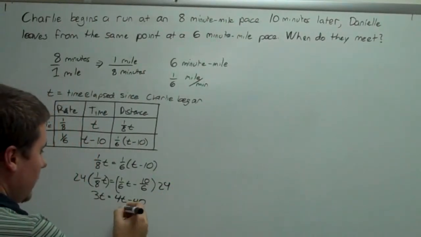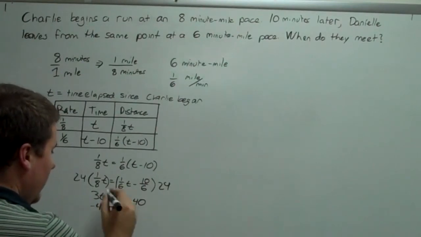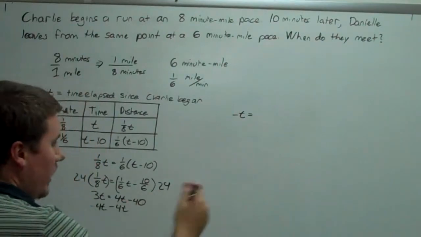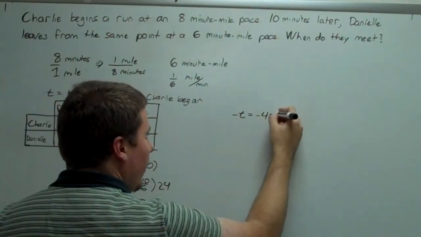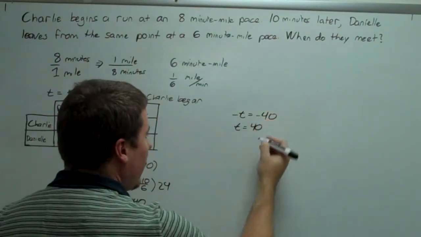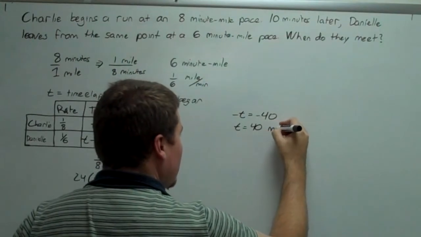So basically I subtract 4T. 3T minus 4T is negative T, and that equals negative 40. So just divide by the negative, T equals 40, and our units were in minutes, so 40 minutes.